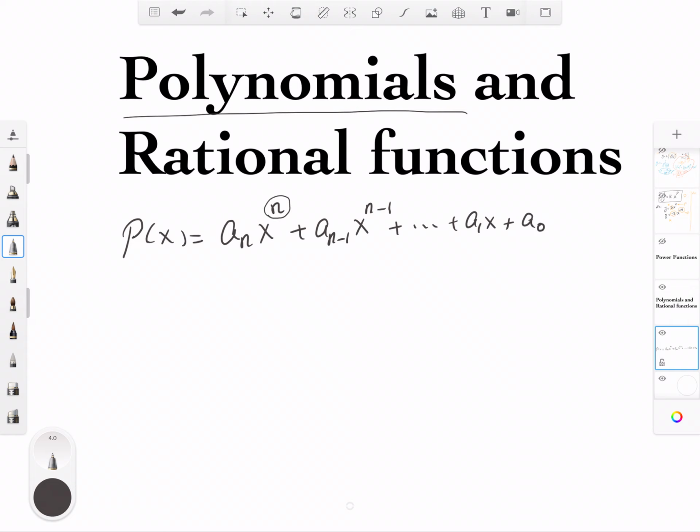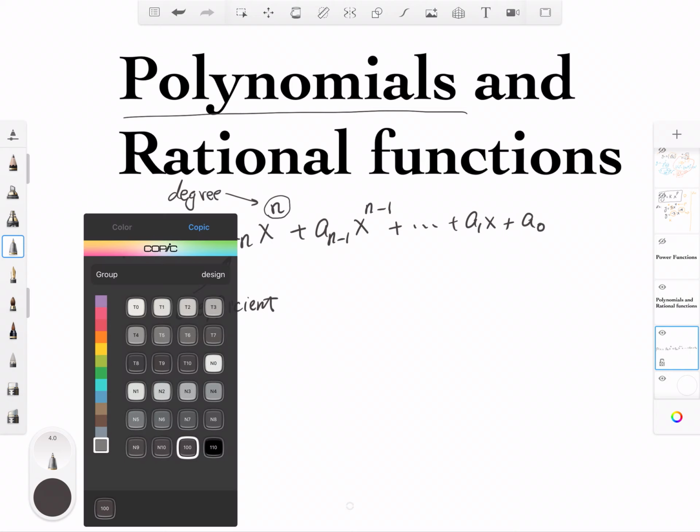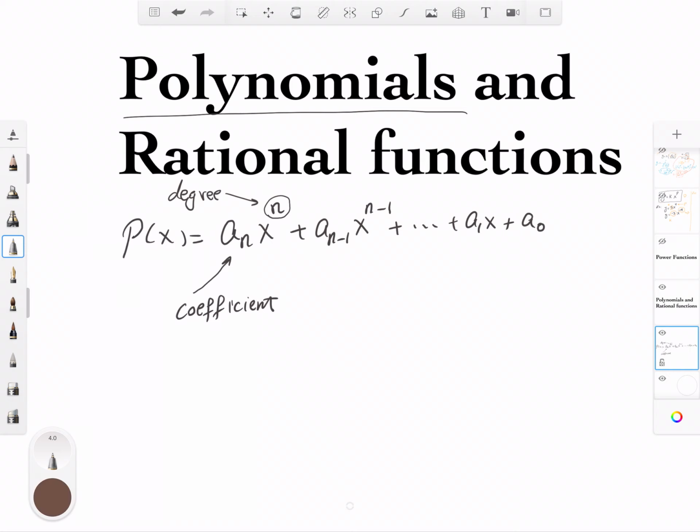This will be the degree of the polynomial. A_n will be the coefficient. This is the highest degree. This will be the leading term.